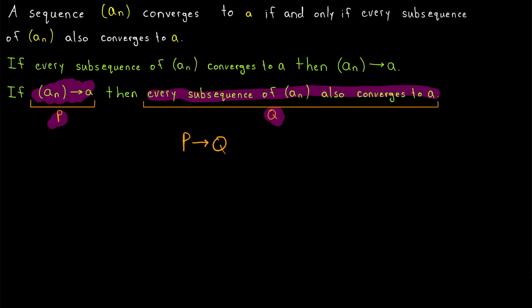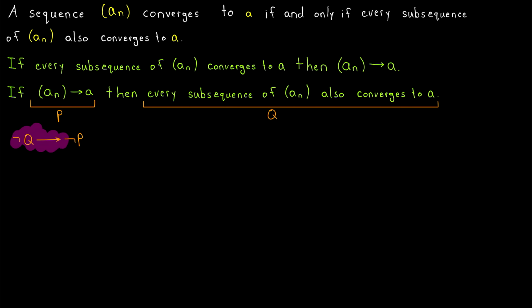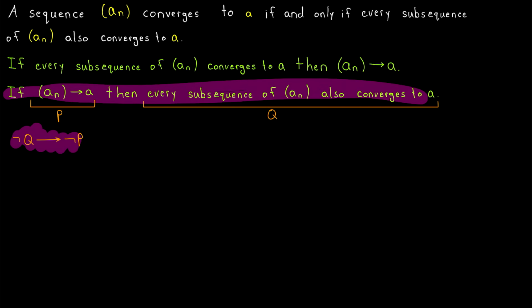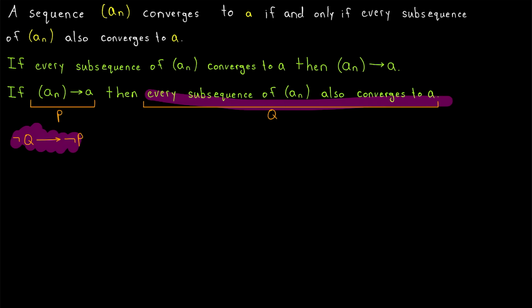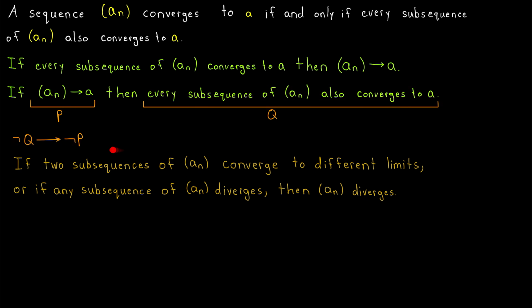The contrapositive of such a statement is not Q implies not P. There it is written out. The contrapositive of this statement, which is equivalent to the statement, is the negation of Q implies the negation of P. So what would that be if we wrote it out? Here it is written out.